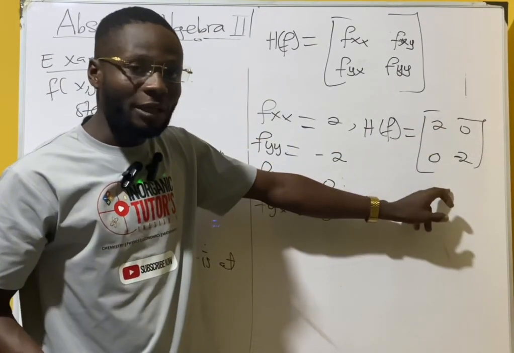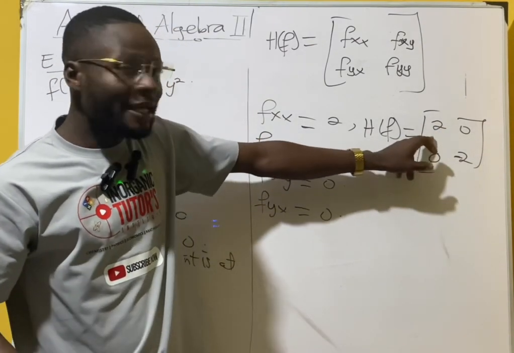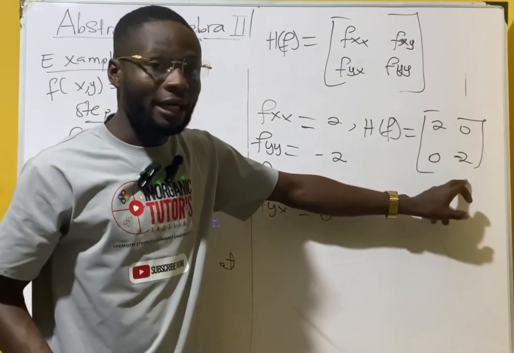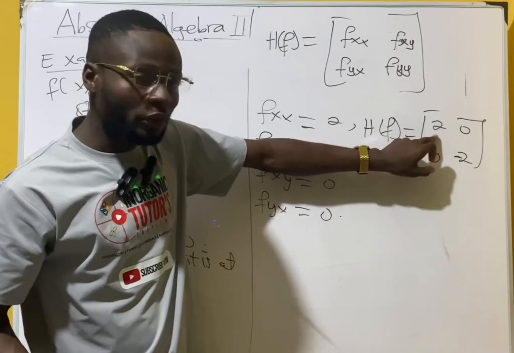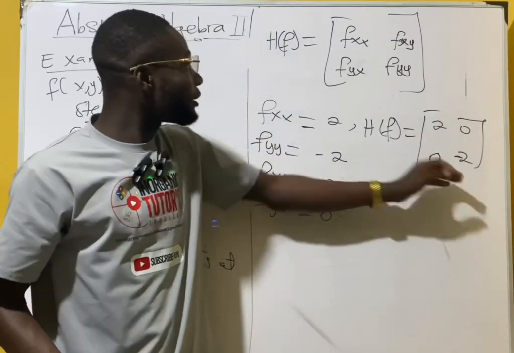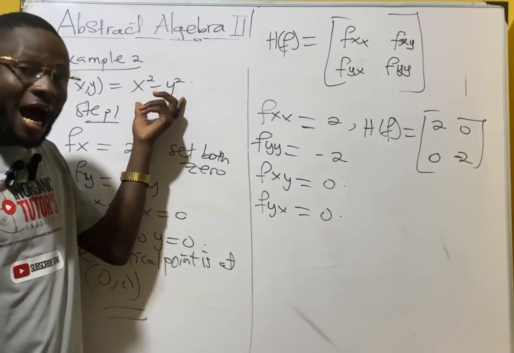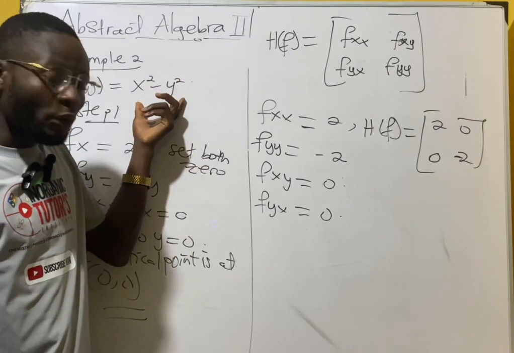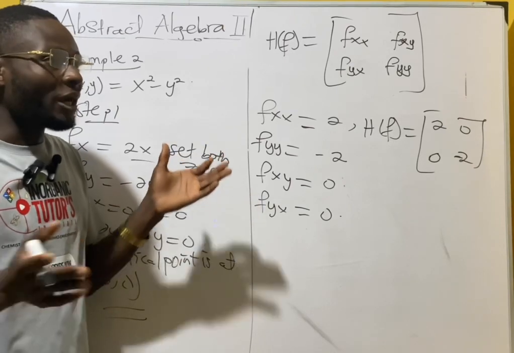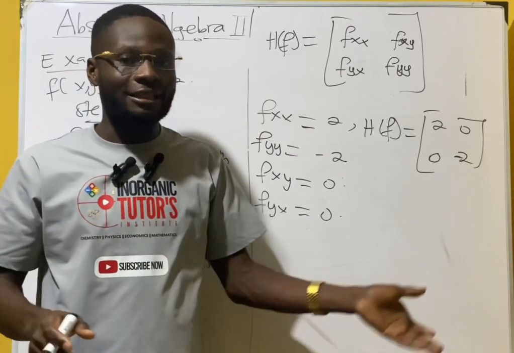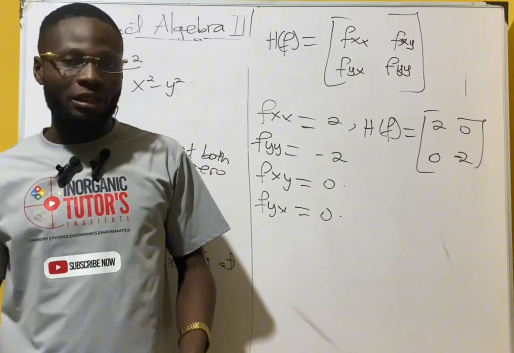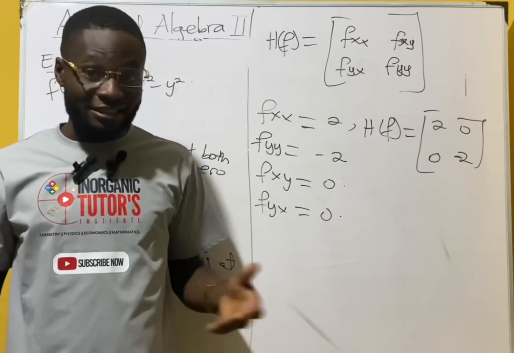This is a diagonal matrix, so the eigenvalues are the main diagonal elements. And we have one positive and one negative. So this function is at a saddle point, because one direction is moving on the positive side and the other is moving on the negative side.